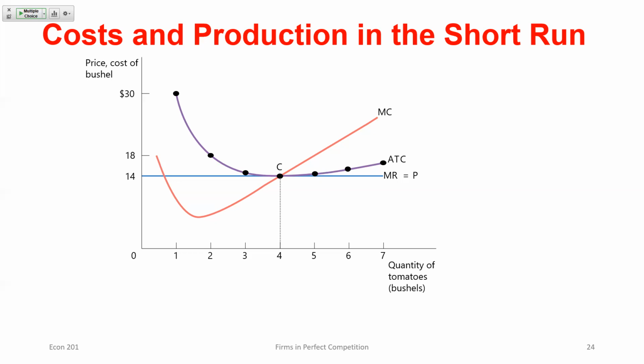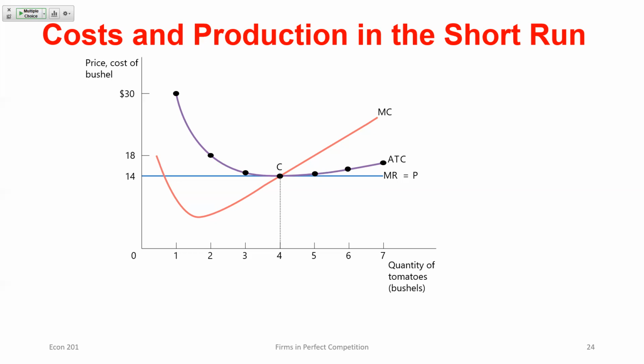Even if we maximize profits, sometimes the maximum level of profits we can get to is negative. We'll talk in a second about what we do if that's the case. But for now, just know that if we end up at an optimal quantity where the average total cost is above my price, my profits will be negative.